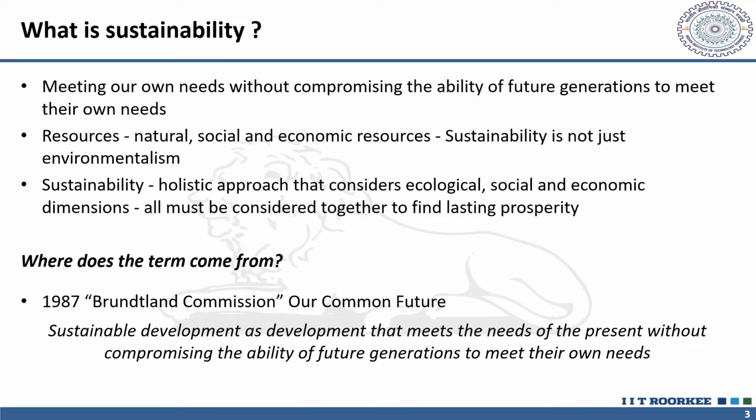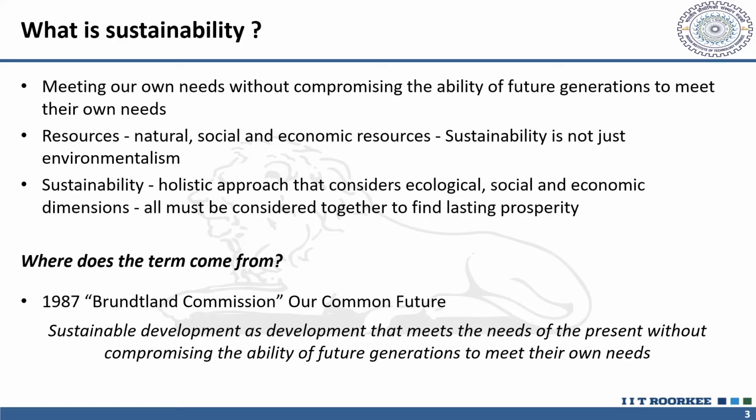So we all know that sustainability is meeting our own needs without compromising the ability of future generations to meet their own needs. But when we talk about sustainability, there is a general notion that it encompasses only the environmental domain.